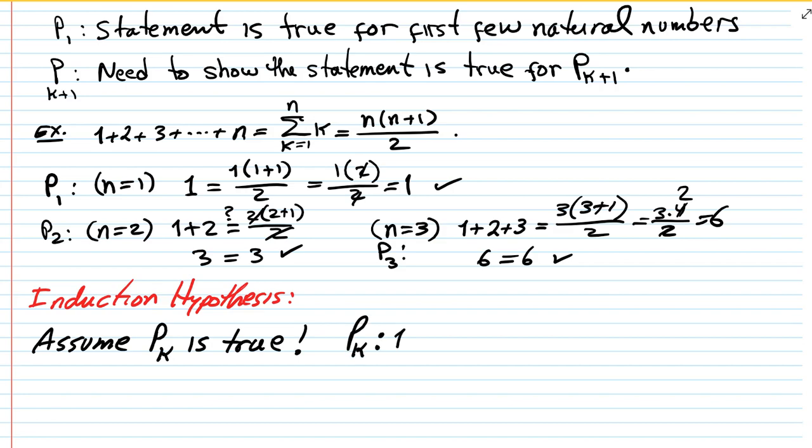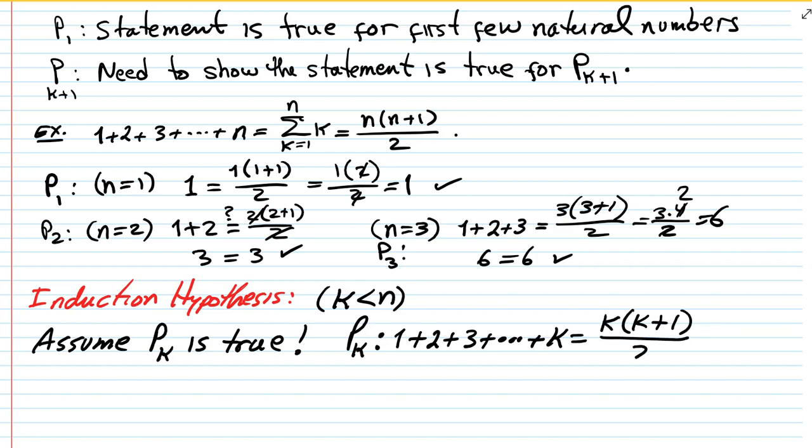That means 1 plus 2 plus 3 plus all the way up to k, and here, by the way, k is less than n, is going to equal k times k plus 1 divided by 2. And that's our induction hypothesis, which we assume to be true. Keep that in mind. We take it to be true.